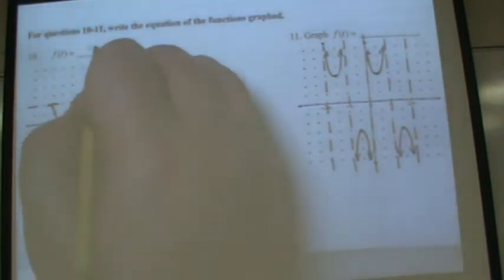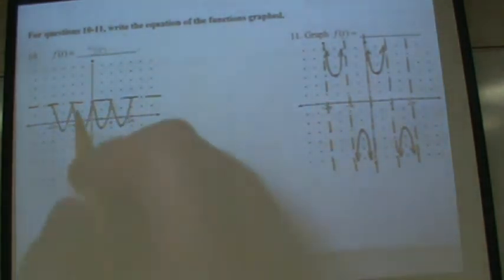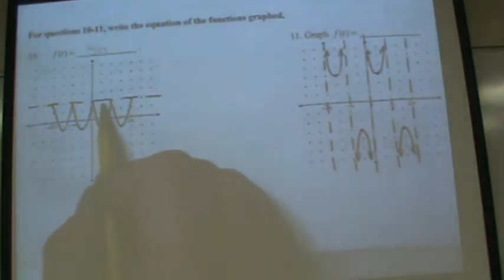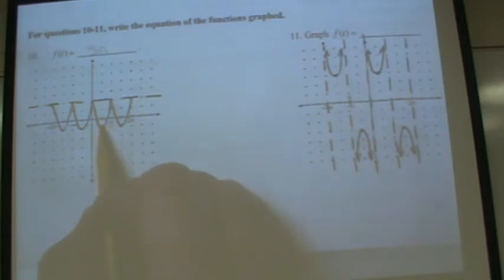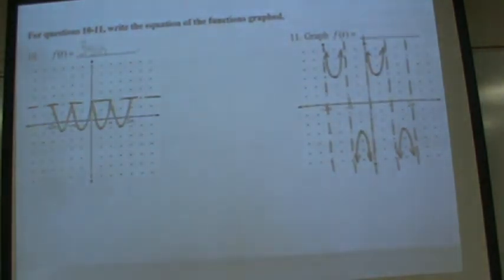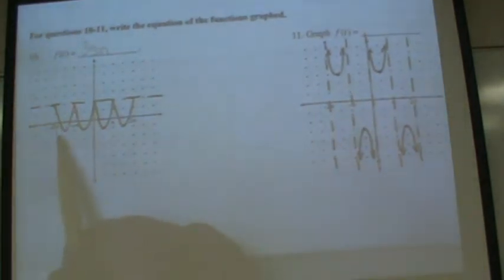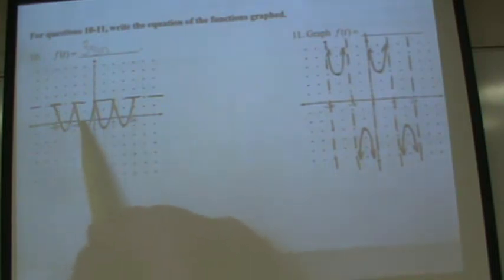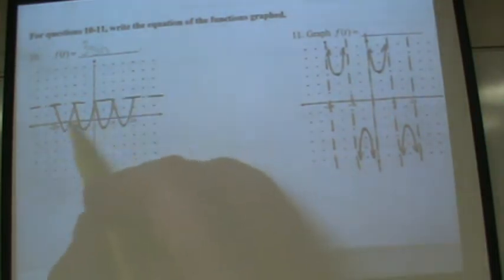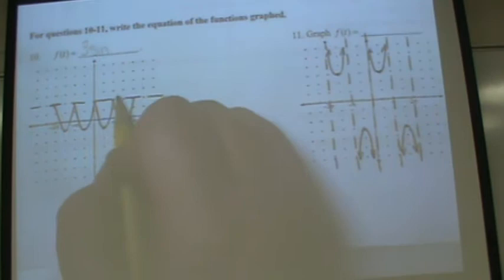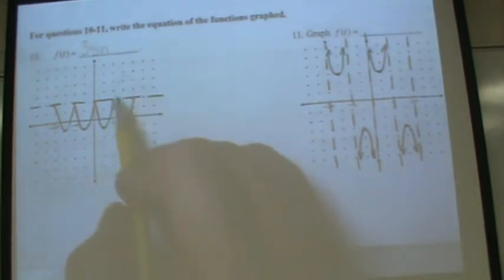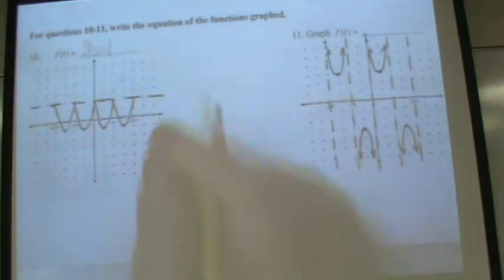And then we see a vertical stretch of 1, 2, 3. So we have an amplitude change of 3. All of our sine curve parts are going in the same direction, where they would normally continue up like that. These are all going in the same direction, so we automatically should think that this is an absolute value.